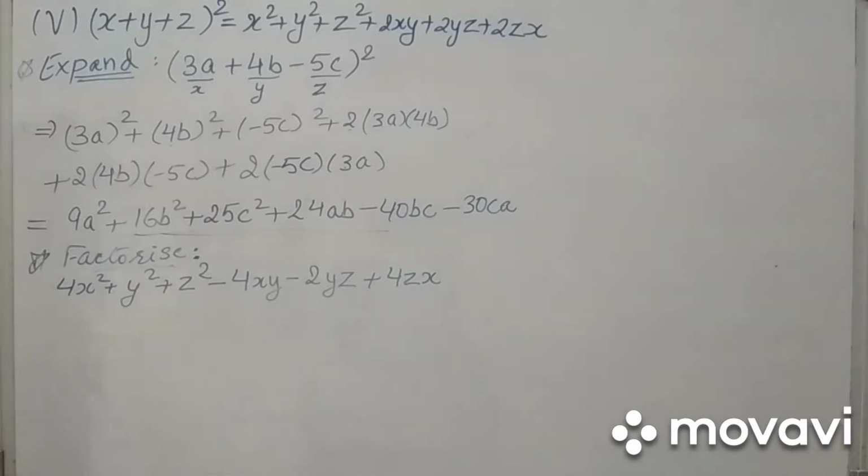Now keep in mind what is asked of you. Factorize means you have to divide it into factors, to make it into its parts, and expand means make it a broader form of it.